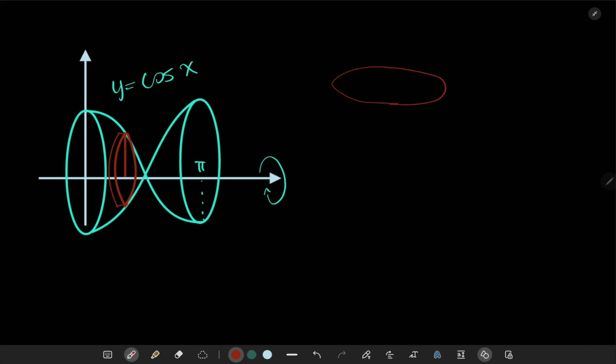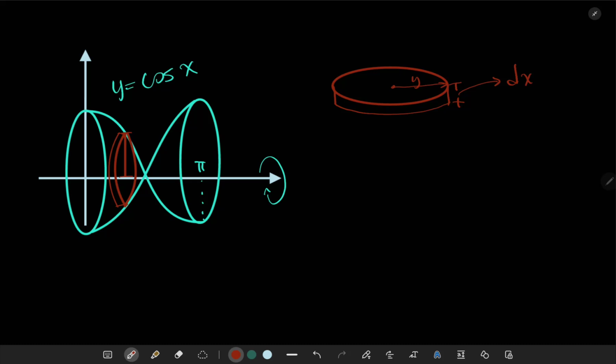So there we have that, and the width of that is going to be dx. The radius, once again, is going to be the height y right here.